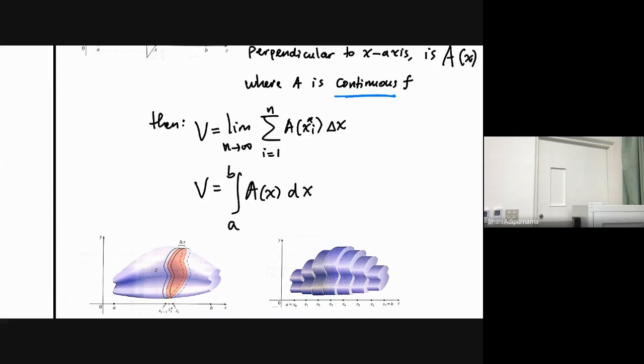If you want to define the solid volume, we need to define the solid to be a random function.